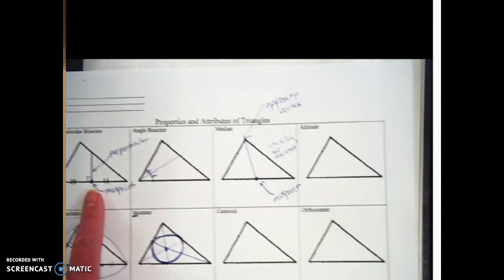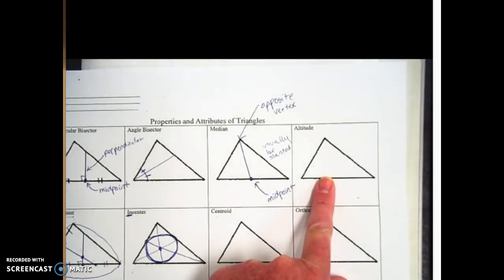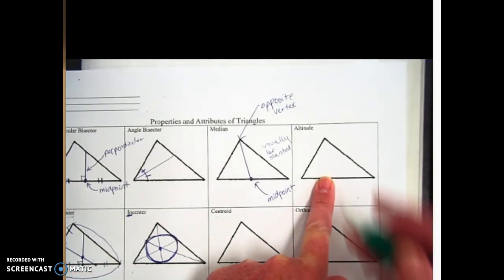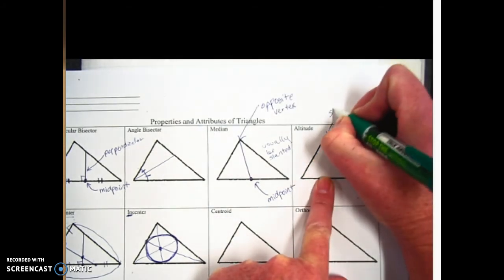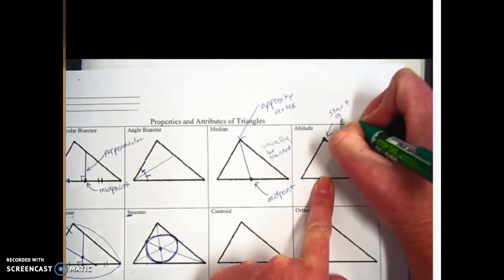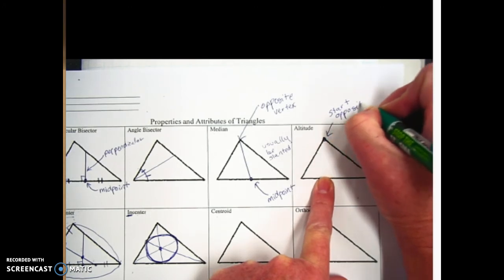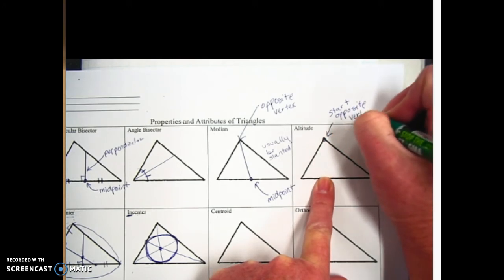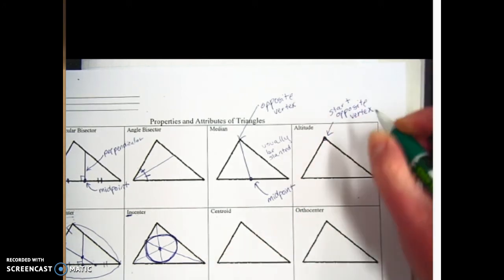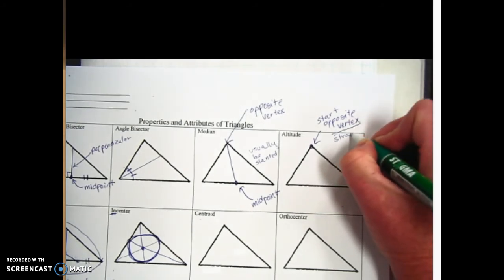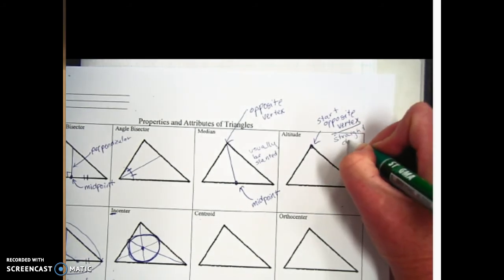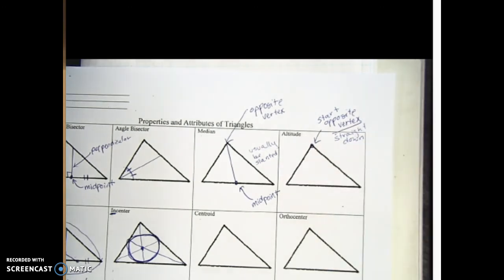Okay? Now, let's talk about the altitude. So the altitude is going to start at the opposite vertex. And then it's going to go straight down. Okay?